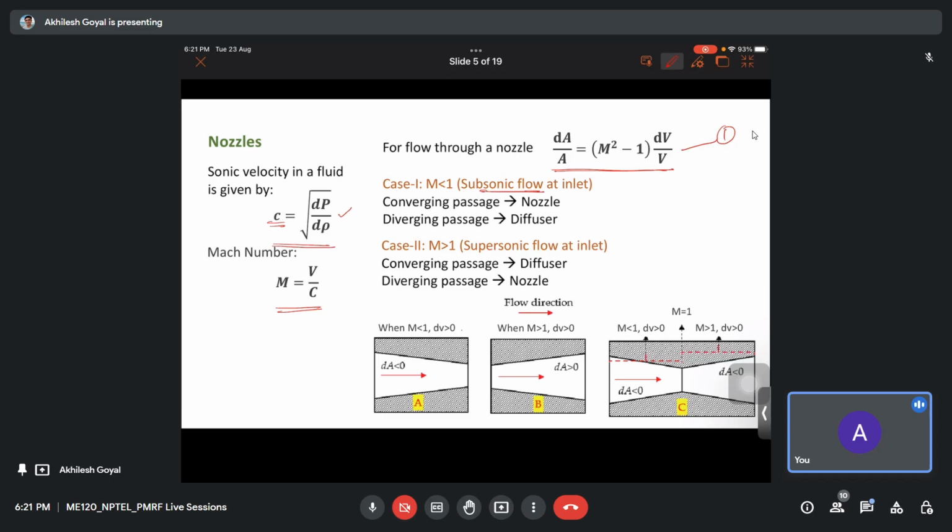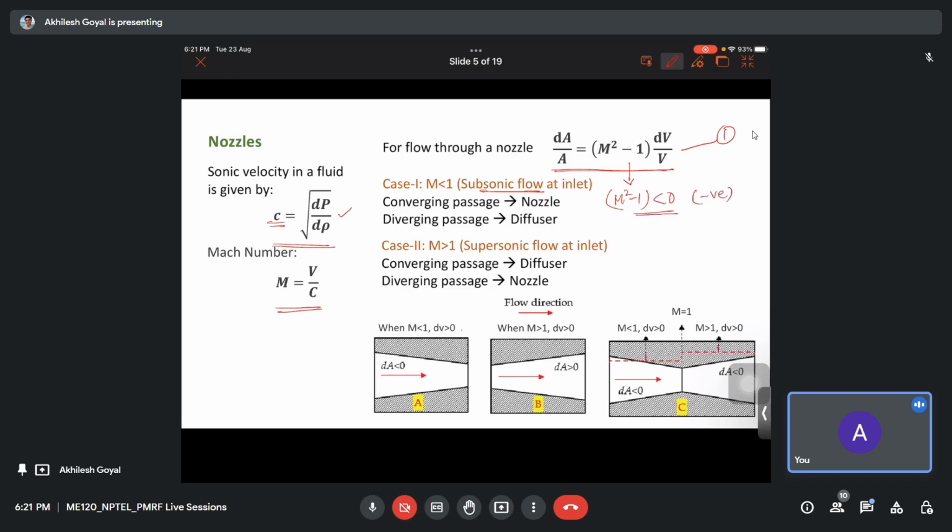So for a subsonic flow, here you see this term M square minus 1 becomes less than 0. Okay, so this becomes less than 0, which means it is a negative value.